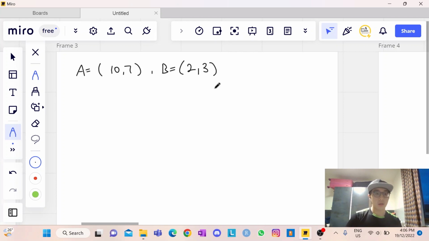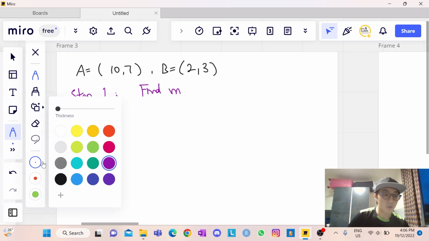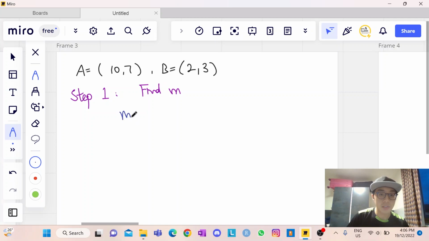We want to look for the equation of a straight line. To follow the steps that I just said, step 1, we find the gradient, which we found from the previous video: m equals 1 over 2.